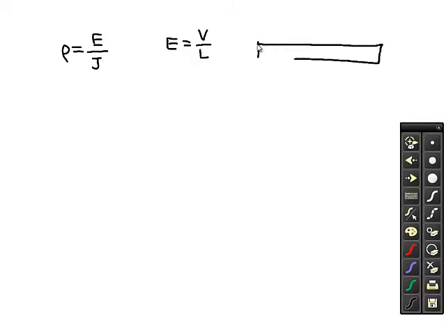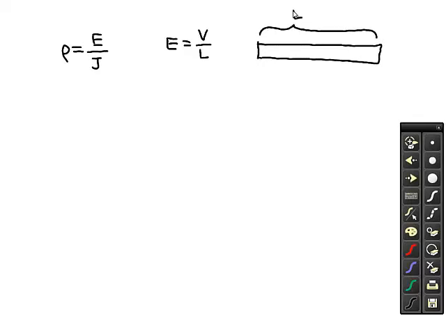Now, we said resistivity is E over J, but we know from the previous chapter that E is equal to V over L. So in other words, you have a piece of metal here. You want to know its resistance. If you put it in an electric circuit, L would be the length.